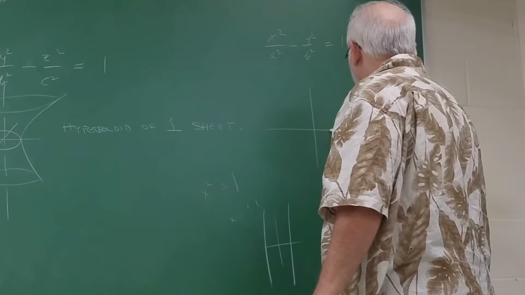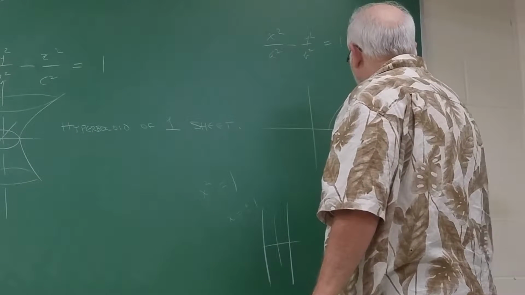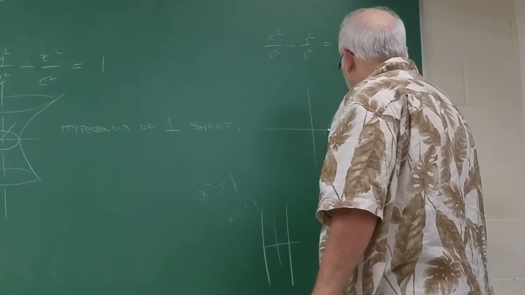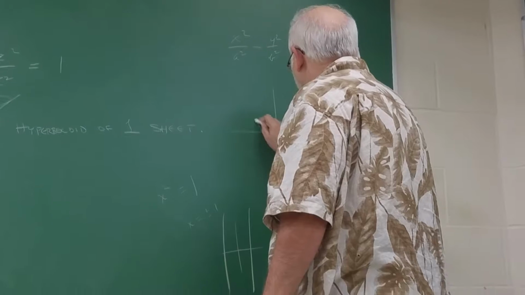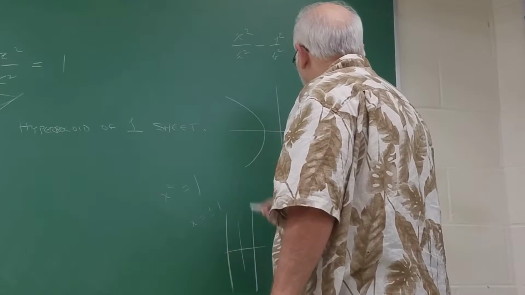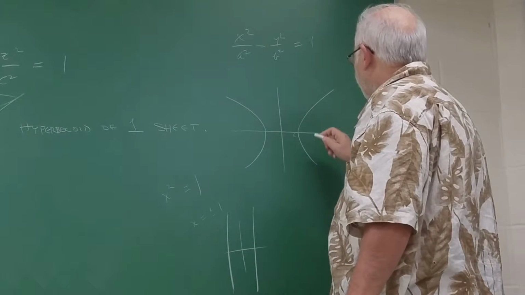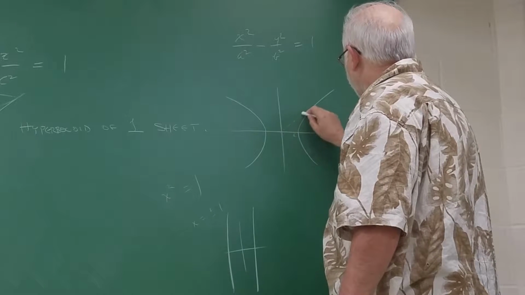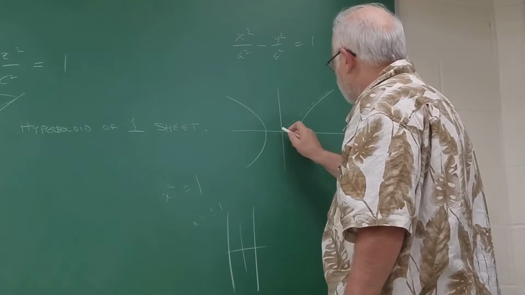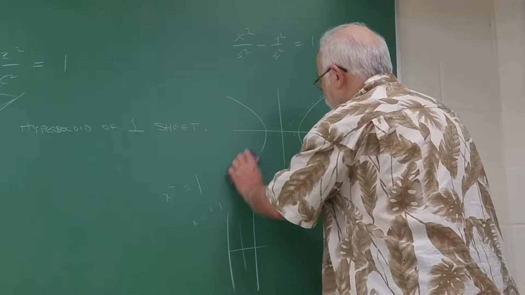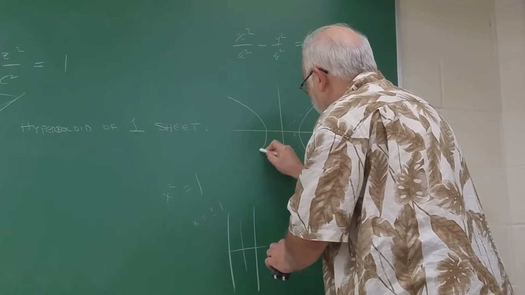So anyway, if I had here an A, minus A, then the directions for the asymptotes are supposed to be the same in all directions, but I botched that one.